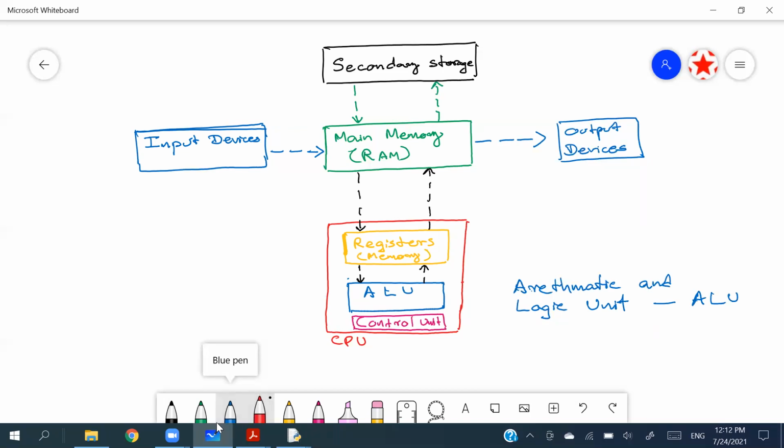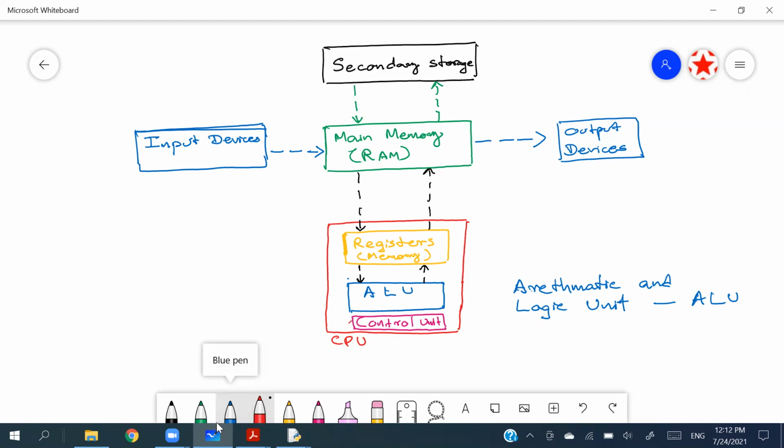So the major function of the control unit is sending the control signals to each and every component of the computer system. Once they receive the control signal, then they know, okay, there is a task for me to do. So they know about the task, but they should receive the control signal to perform their task, right?